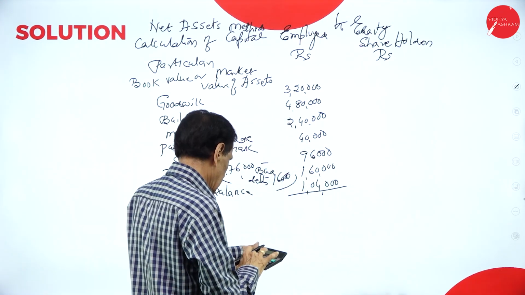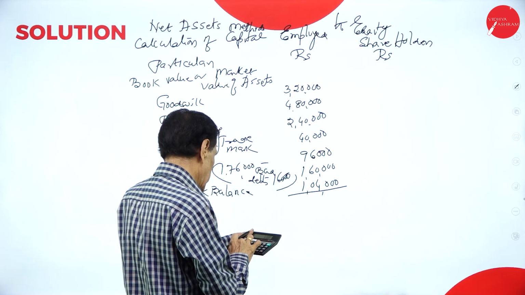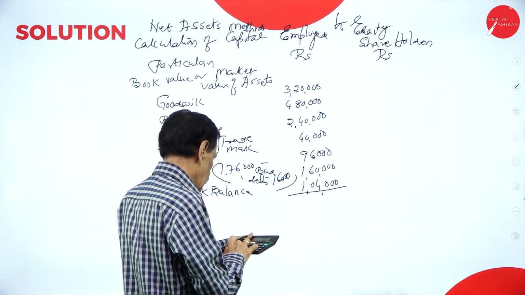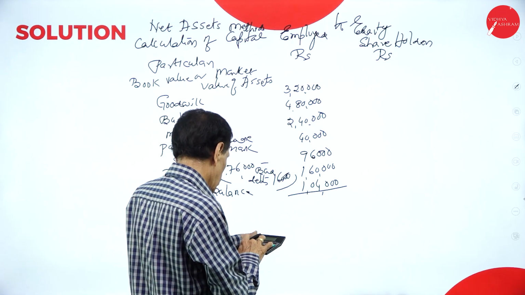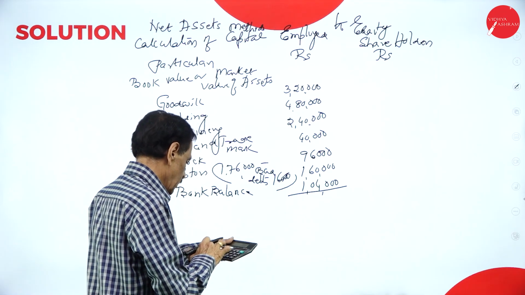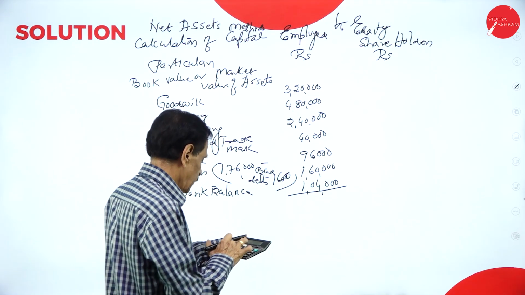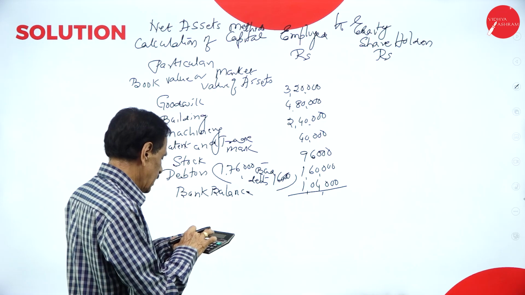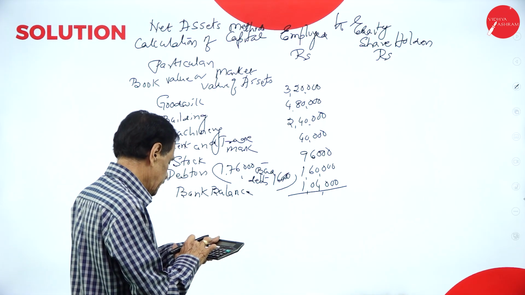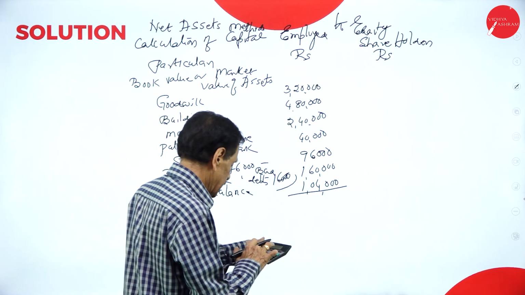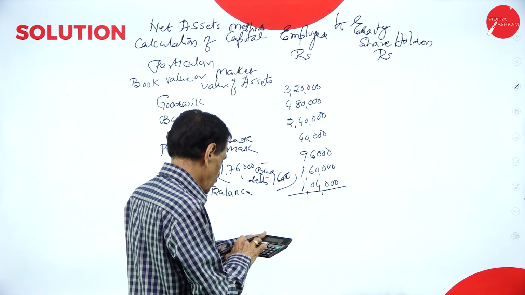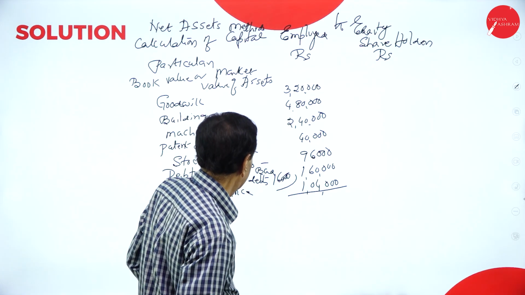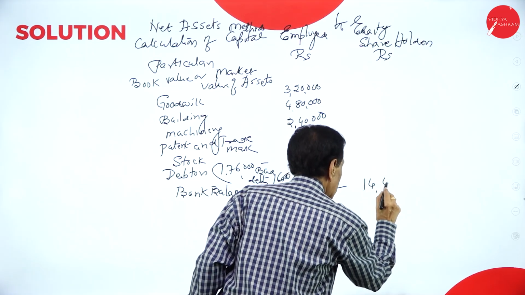Add the figures: 3,20,000 plus 4,80,000 plus 2,40,000 plus 40,000 plus 96,000 plus 1,60,000 plus 1,04,000 is equal to 14,40,000.